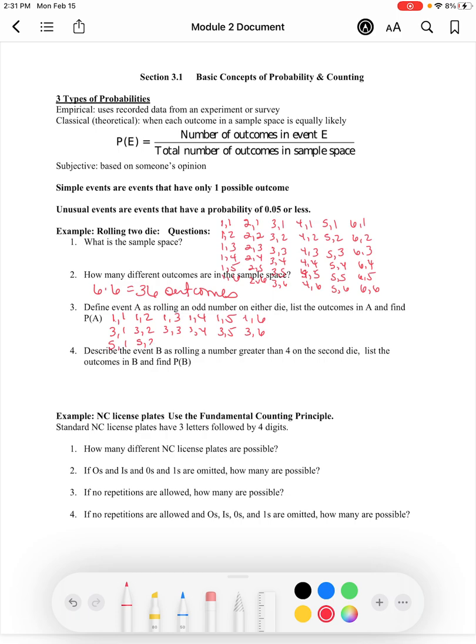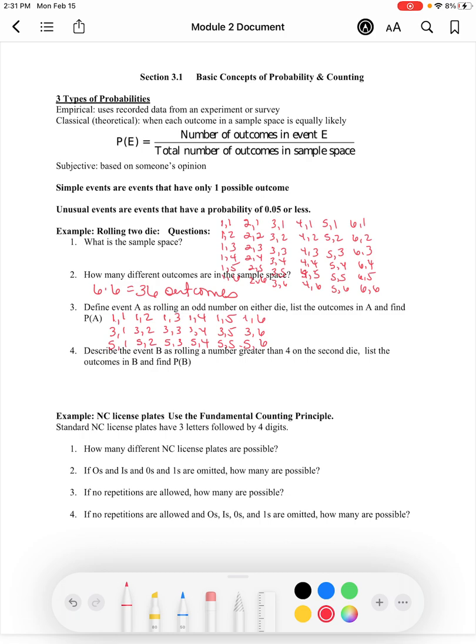It's always best to do it in some kind of systematic order to make sure that you don't miss anything. And then that would be all of the odds on the first die.